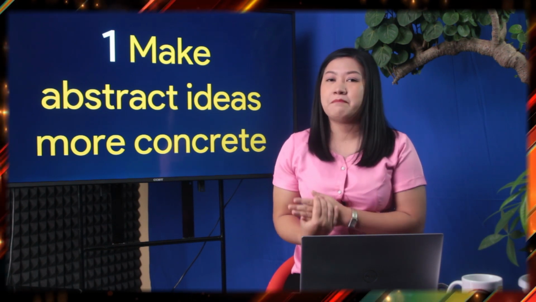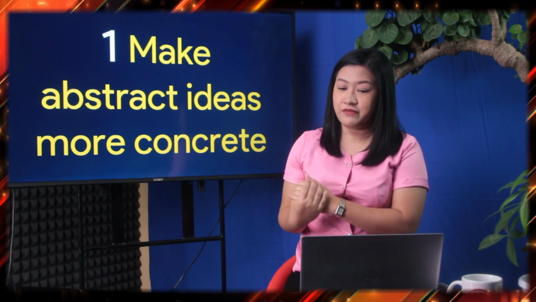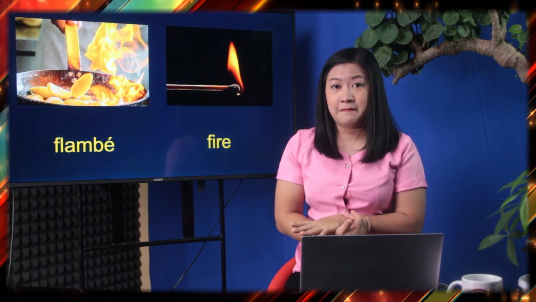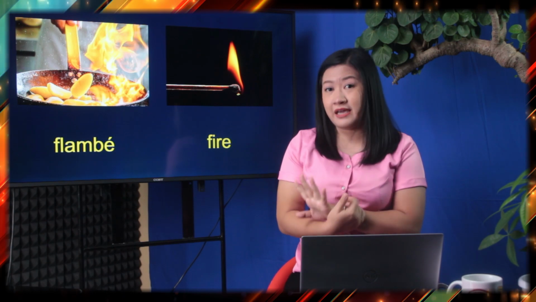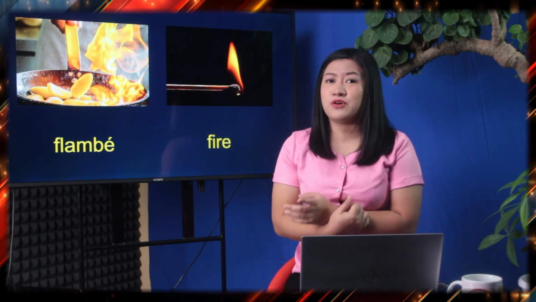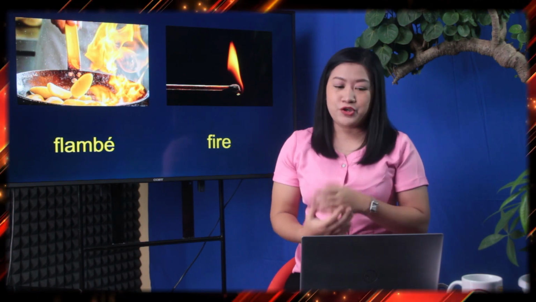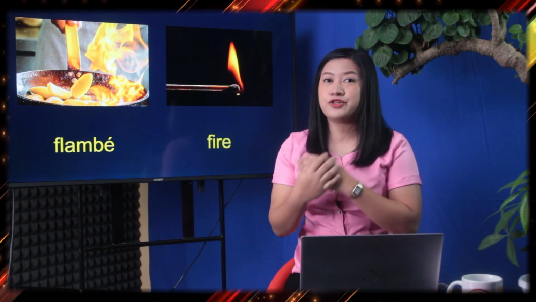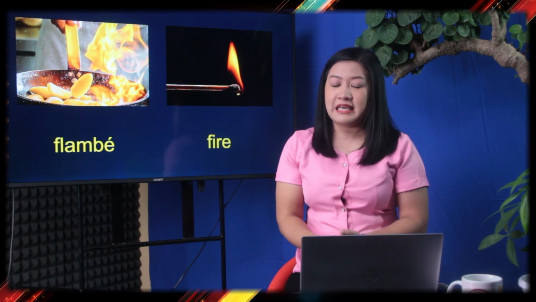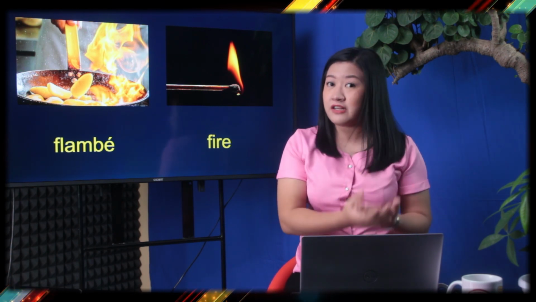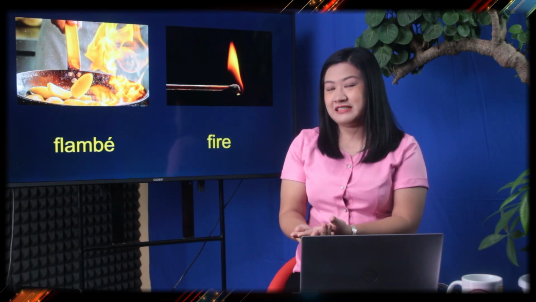He may or may not have introduced to you yet the word flambe, that is F-L-A-M-B-E, flambe. But you don't know what this word means. So your teacher introduced to you fire. Actually, flambeing is adding fire or an alcoholic drink to your food.